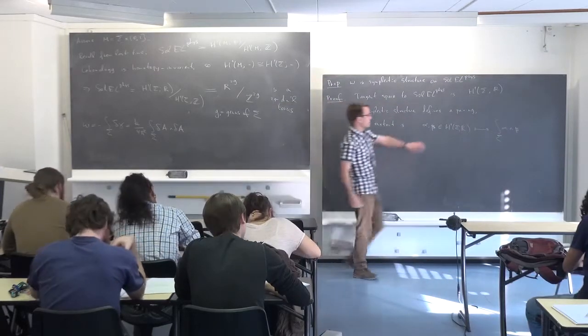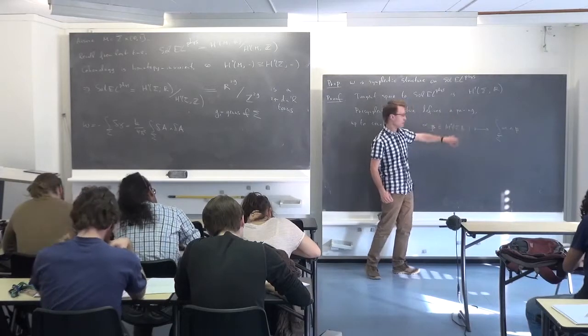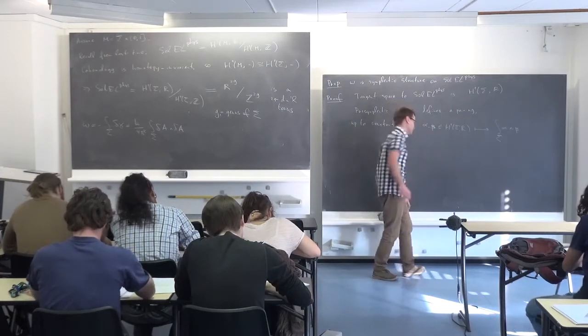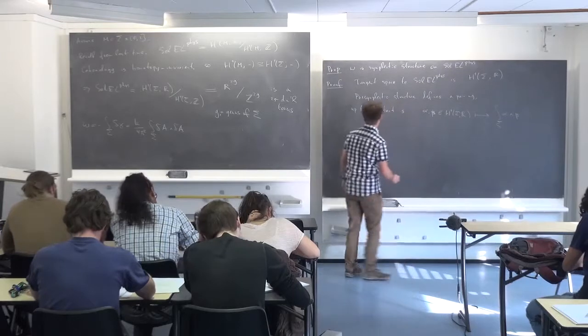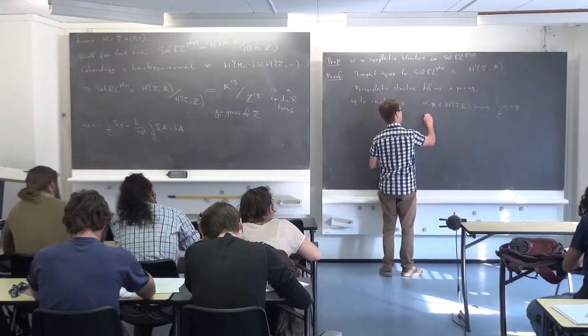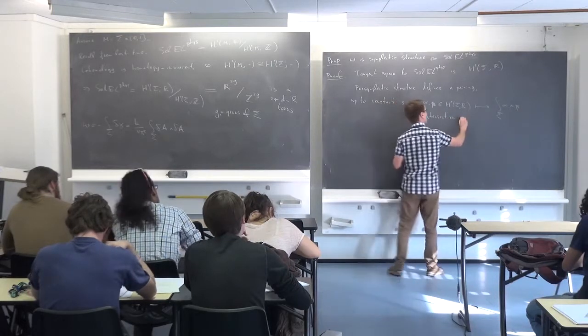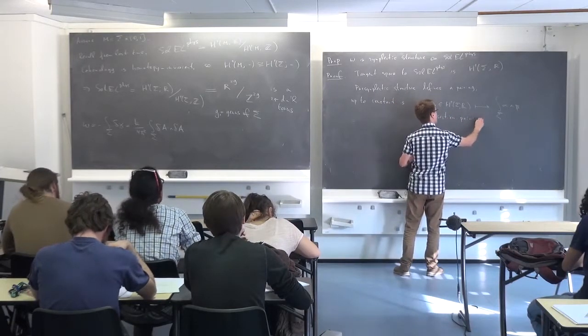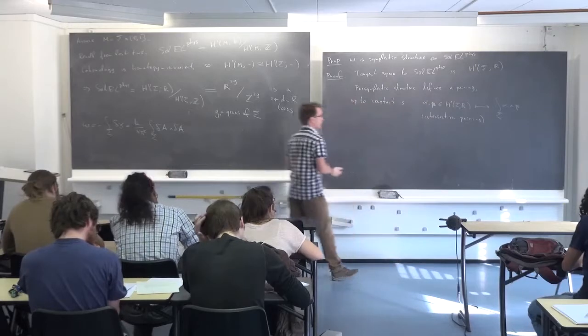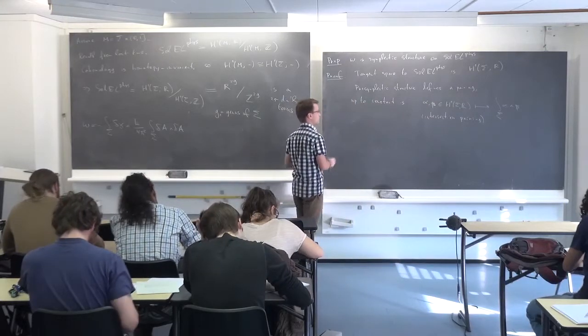So this is a pairing from H1 tensor H1 into R. This is known as the intersection pairing. And Poincare duality theorem tells you that this intersection pairing is not degenerate.